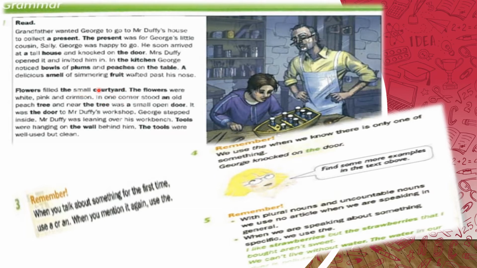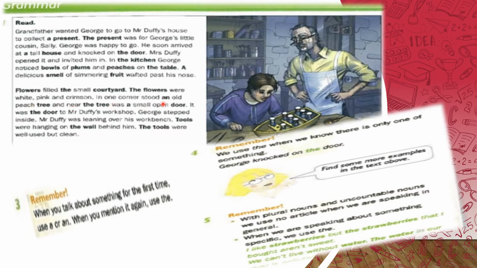This is the courtyard of Mr. Duffy's house. So we have to put the, because we are talking about something specific, the courtyard of Mr. Duffy's house. The flowers, which we talked about in the first sentence. The flowers were white, pink and crimson.